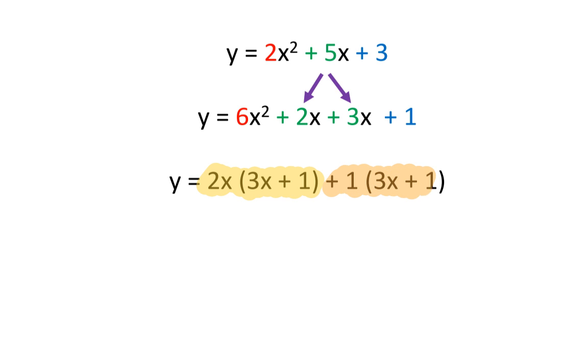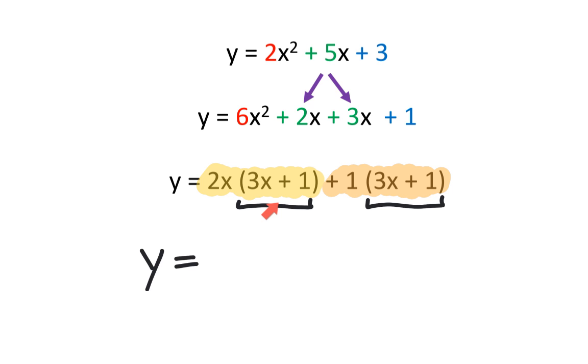I now want you to think of everything highlighted in yellow belonging to one group and everything highlighted in orange belonging to another group. Ask yourself the question, what does this group have in common with this group? Well, you'll notice that the 3x plus 1 in brackets is common to both these groups. The y is going to stay the same, and the equal sign is going to stay the same.